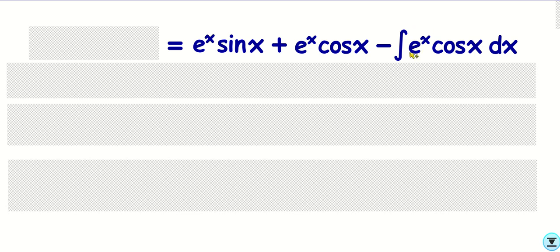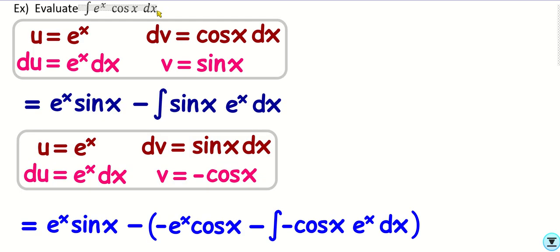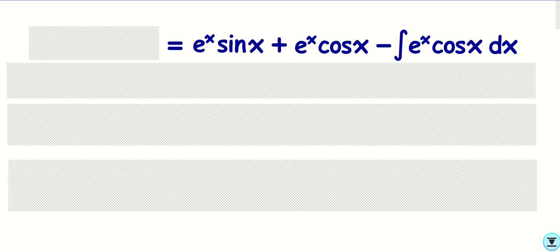And do you even notice, please notice this, at least once I say it, not only is this integral not any more doable, this is the exact same integral we started with. So it's like, oh my gosh, did we do all of this work, two rounds of integration by parts, for nothing?